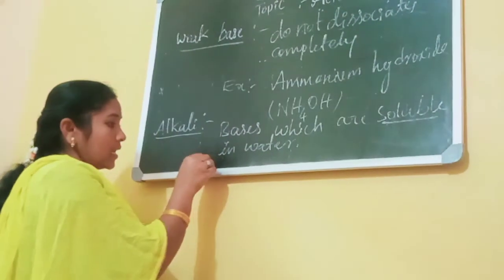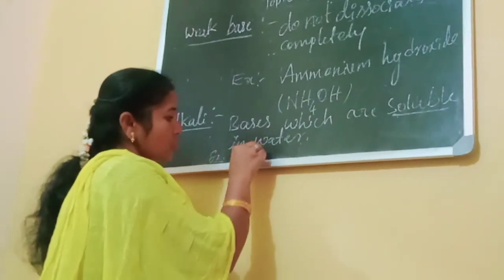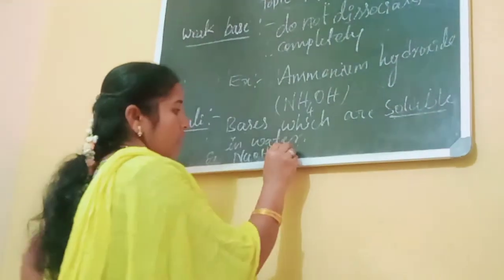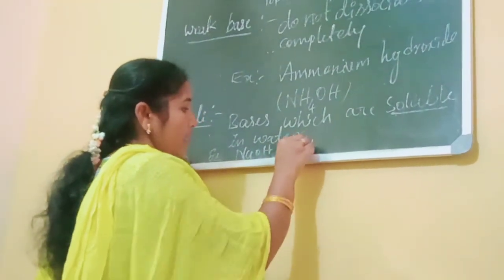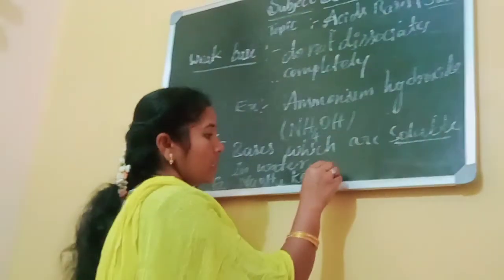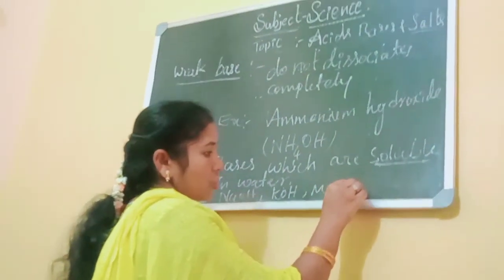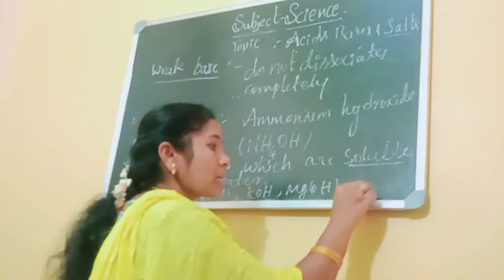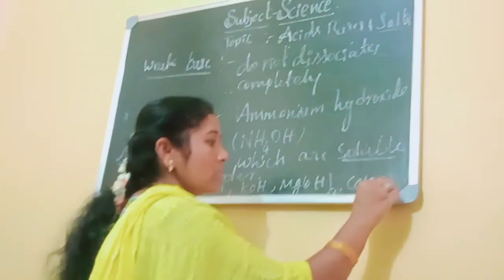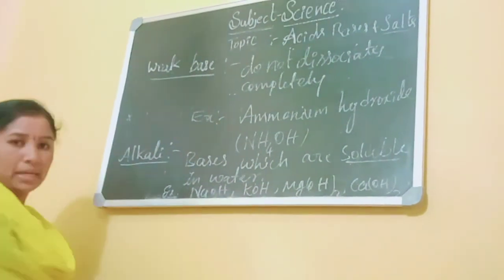Examples of alkali are NaOH and KOH, sodium hydroxide, potassium hydroxide, and also magnesium hydroxide and calcium hydroxide.